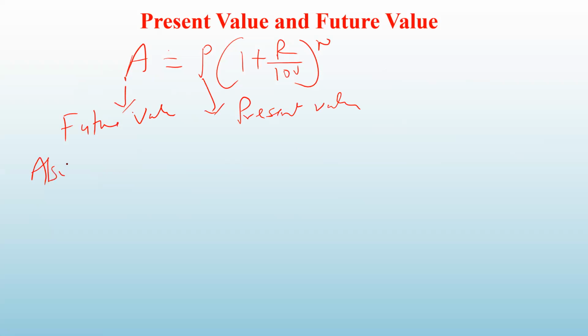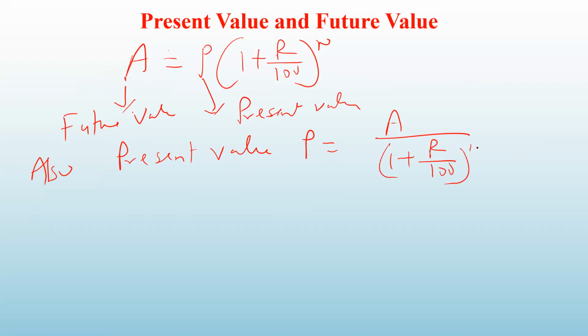Also, if I am given the future value, can I find the present value? Present value P is A divided by 1 plus R upon 100 raised to power n. If I want P, I have to shift this 1 plus R upon 100 raised to power n to the other side, so it will divide. So this formula has come from the same formula. The formula is the same, only the name has changed.